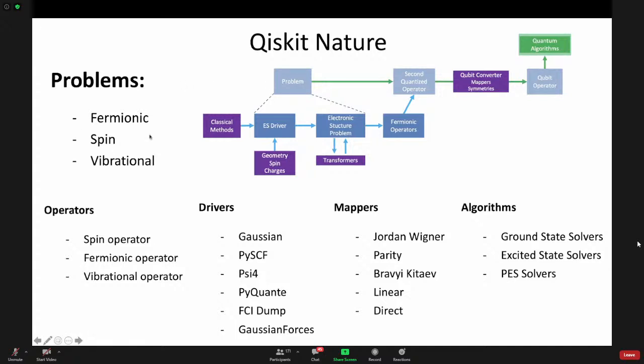It can solve many problems like fermionic problems and spin problems, and also vibrational Hamiltonians to calculate the molecular vibration very accurately. And I'll mention this again, but we need an external program to do the Hartree-Fock calculation to prepare the molecular Hamiltonian, which is necessary for the quantum simulation. So we support various programs to do so. And we support these kind of mappers from fermion to qubits. And we have algorithms to solve the ground state, but we could also solve the electronic excited states as well.